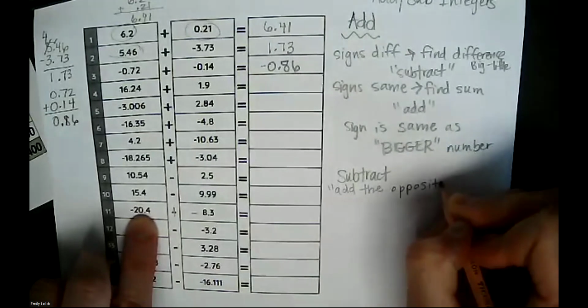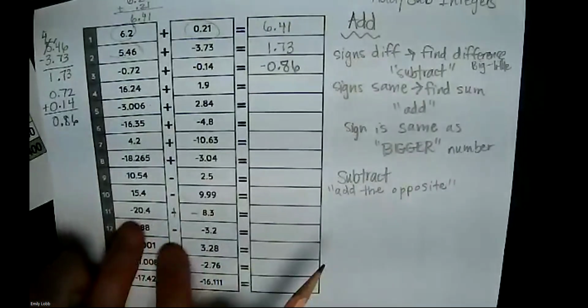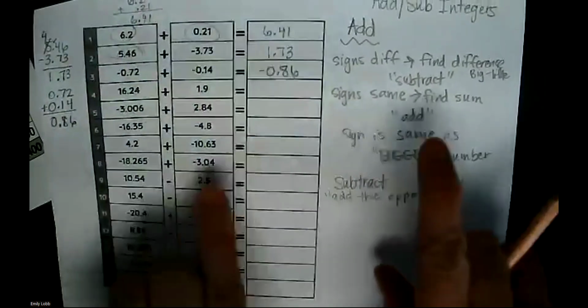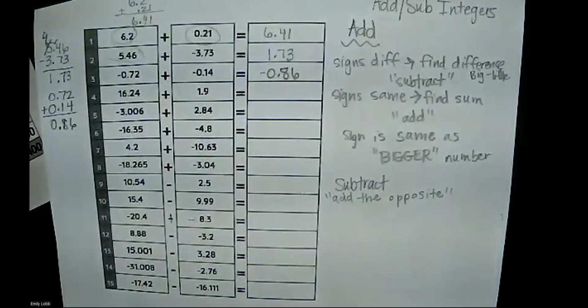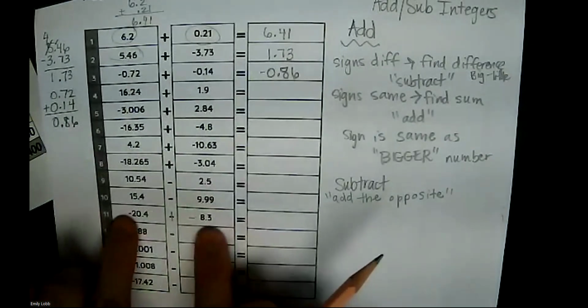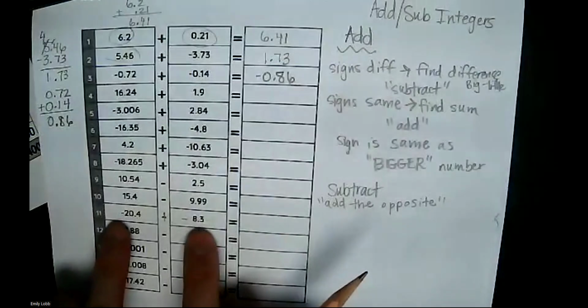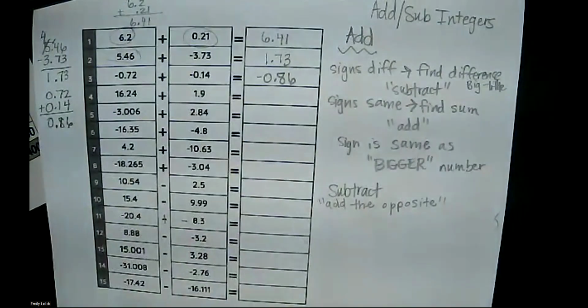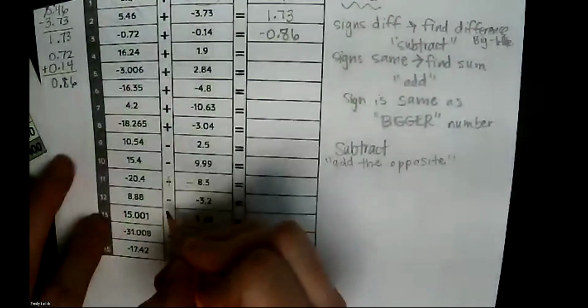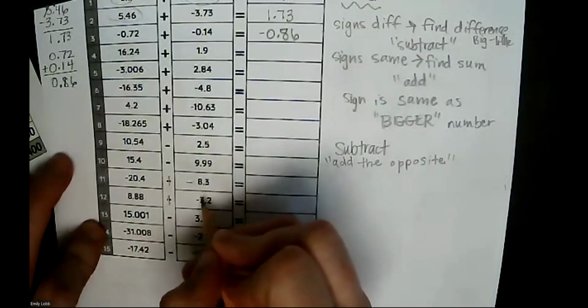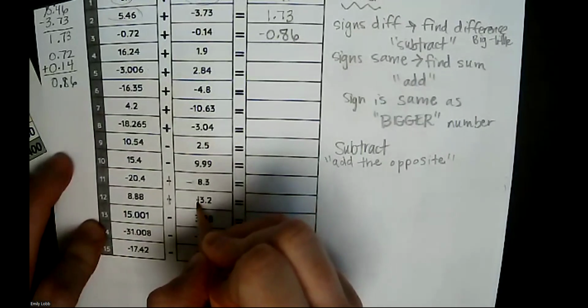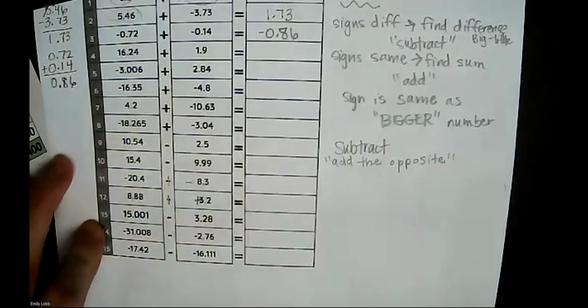Okay? When we add the opposite, now I can go back up here to my addition rules, and it says my signs are the same. So I would find the sum and it would be negative. Now when I add the opposite here, the opposite of negative is positive.